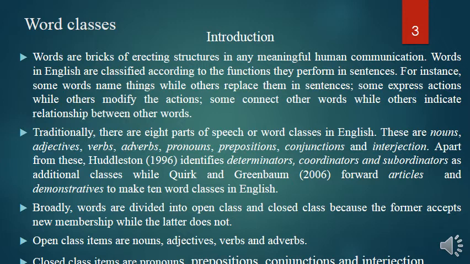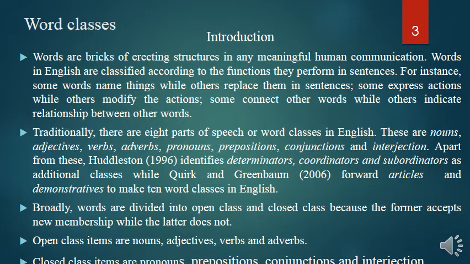And these 8 parts of speech are divided into 2 classes, that is open and closed classes. Open classes items are nouns, adjective, verbs, and adverbs. They are called open class items because they invite new words, while the closed class items are pronouns, preposition, conjunctions, and interjection.